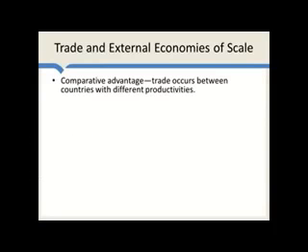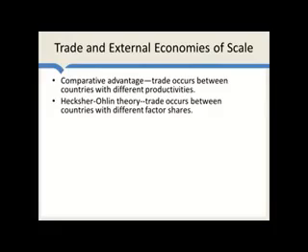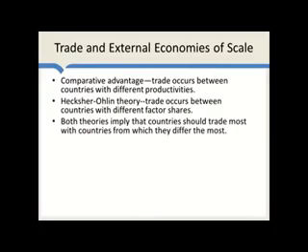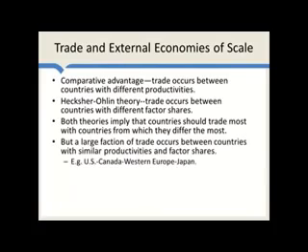We've already looked at a number of theories which implicitly make predictions about which countries should trade the most. So comparative advantage says the trade ought to occur most between countries which have different levels of productivity. The Heckscher-Ohlin theory says that trade ought to occur the most between countries with different factor shares. So both of these theories imply that countries should trade the most with countries from which they are the most different.